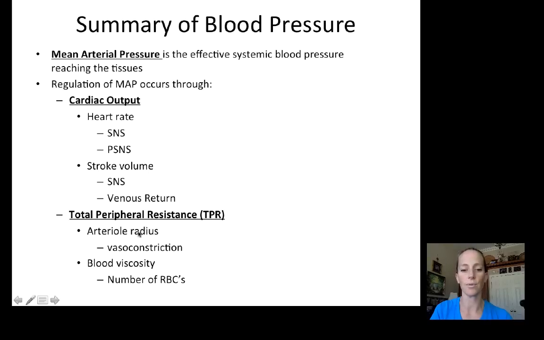That is done through the radius of the arterioles and vasoconstriction primarily. But you can also increase total peripheral resistance by making the blood thicker and by increasing the number of red blood cells. That affects viscosity. So go back to your resistance equation and you'll see that resistance is a function of radius, length, and viscosity.